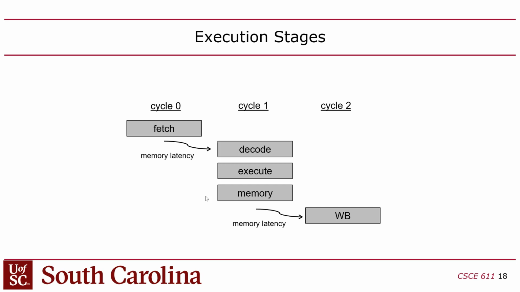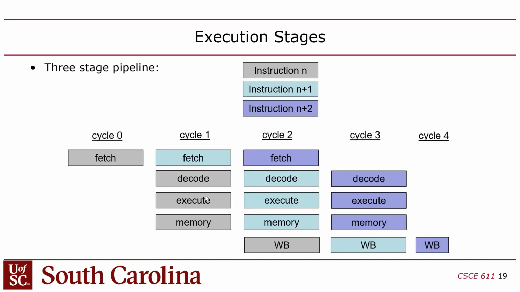But we overlap these, and so we're still doing 1 instruction per cycle, but each instruction takes 3 cycles to get through the pipeline. And so our level of concurrency is 3, but our latency is 3, and our throughput is 1. Okay? You guys with me on that?